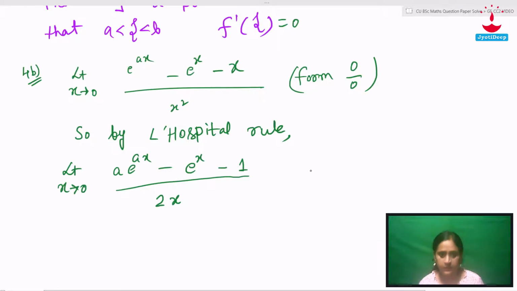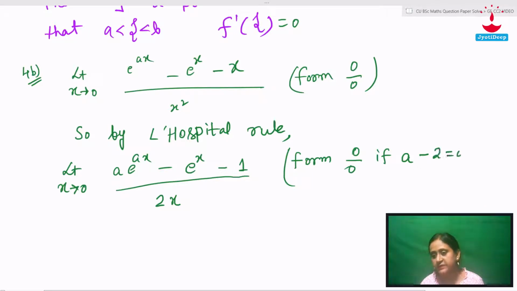So it will be a form of 0 by 0 only if a minus 2 is equal to 0. Putting 0 in the upper part, we get a into 1 minus e to the power 0, that is 1, so a minus 1 minus 1, that is a minus 2.